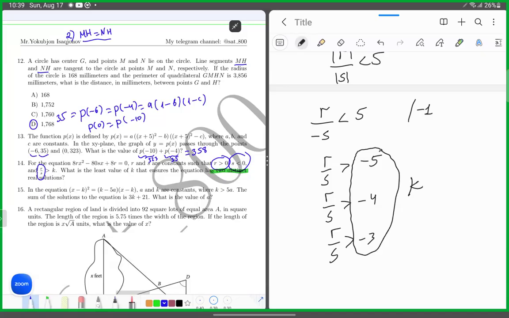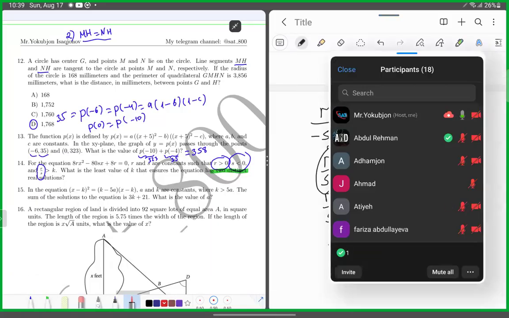So we need the least possible value of k. K is such a number where r over s should be greater than minus 5. The least value of k is minus 5. Problem is solved. Guys, is it clear?